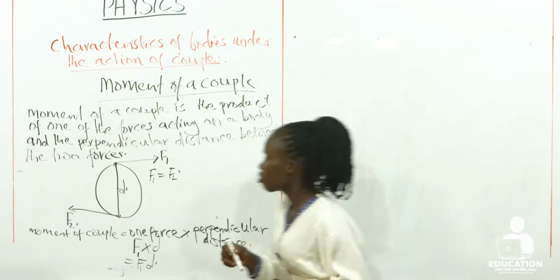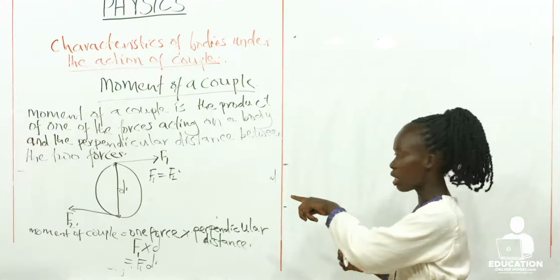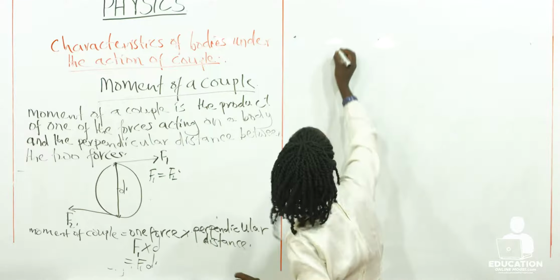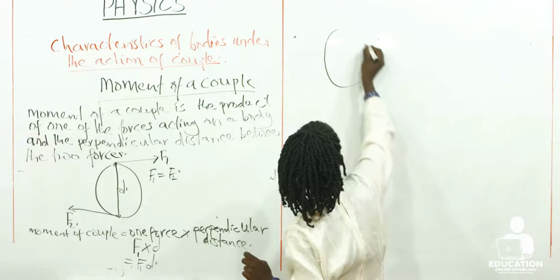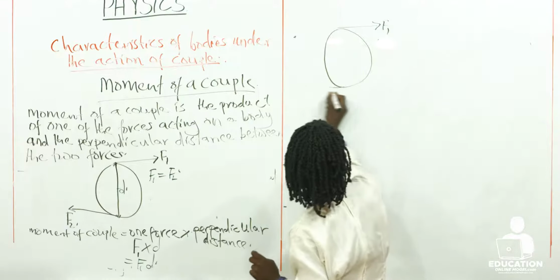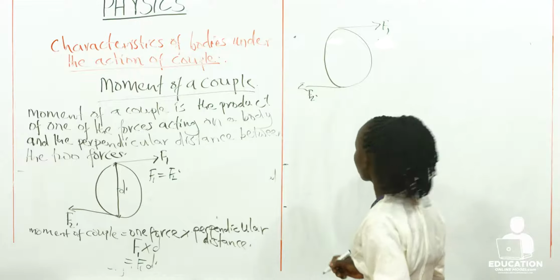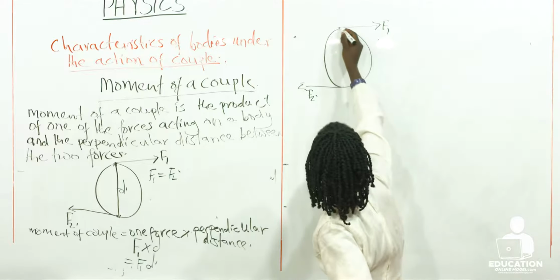So you need 2 radii to get a diameter. If this is still our circle, we have this force here, our F1, and then we have this one here as our F2.